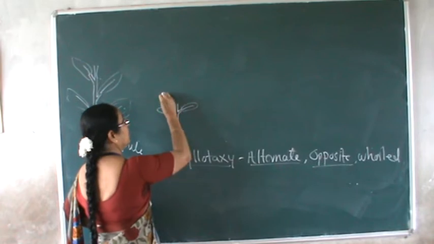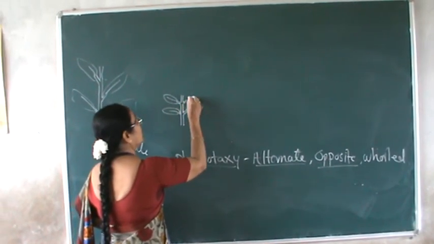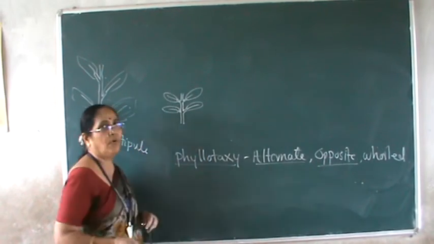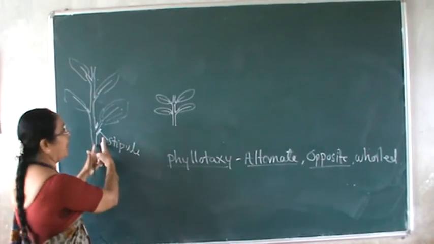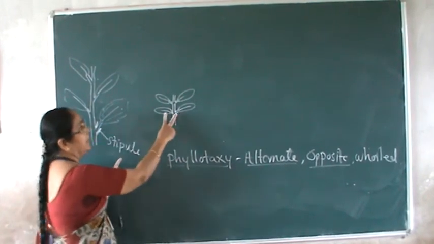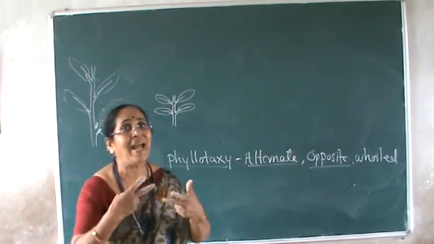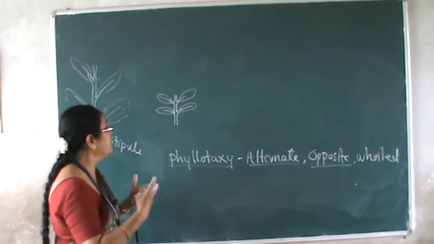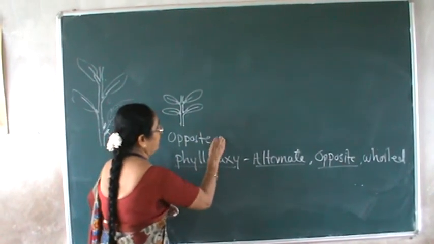Again the second pair, it looks like they are arranged in pairs. So this is the opposite phyllotaxy. You can make out the difference between alternate and opposite now. Here there is only one leaf at every nodal region. Here there are two leaves at every nodal region, exactly opposite to each other. So this kind of phyllotaxy is to be called as opposite phyllotaxy.